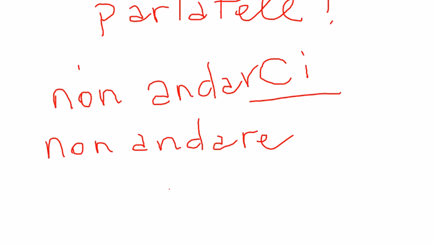When will I say non andarci? Very easy. You might say, for example, I don't want to go home today. And I would tell you, well, do not go there. Non andarci. And it's very easy, all right?